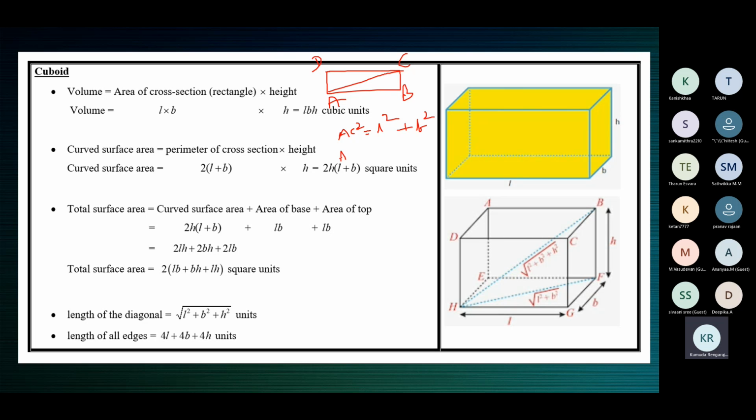So AC is equal to square root of L square plus B square. Pythagoras theorem, right triangle. AB is L, BC is B. Which means the length of the diagonal of a rectangle is root of L square plus B square. That's what you see here.